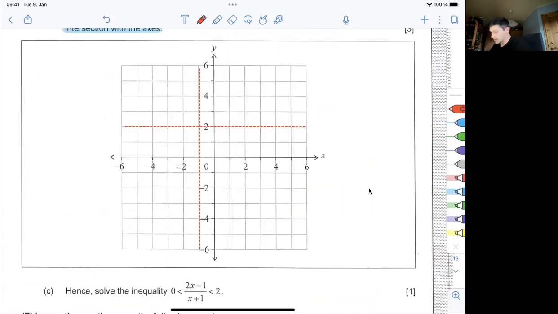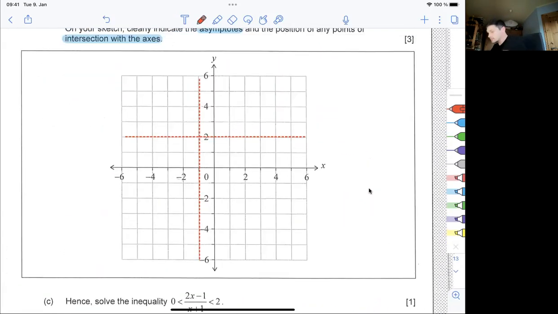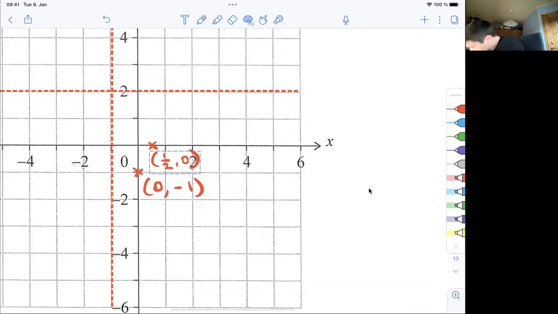Let's mark that on a graph here. So we got our x-intercept here of 1/2, comma 0. Okay, and then equally the y-intercept, which was 0, comma negative 1. And I'm just going to zoom in a little bit here.